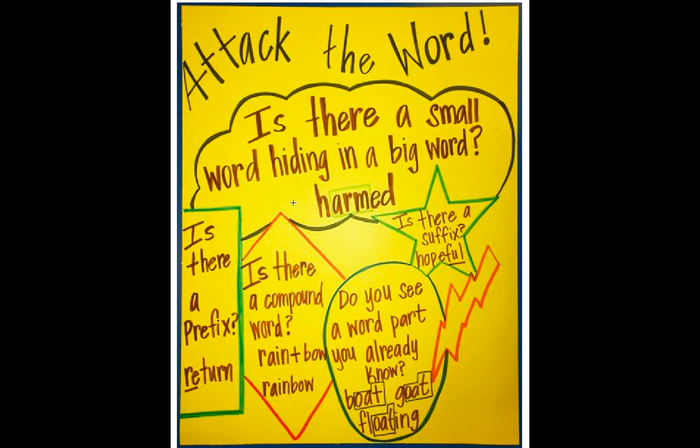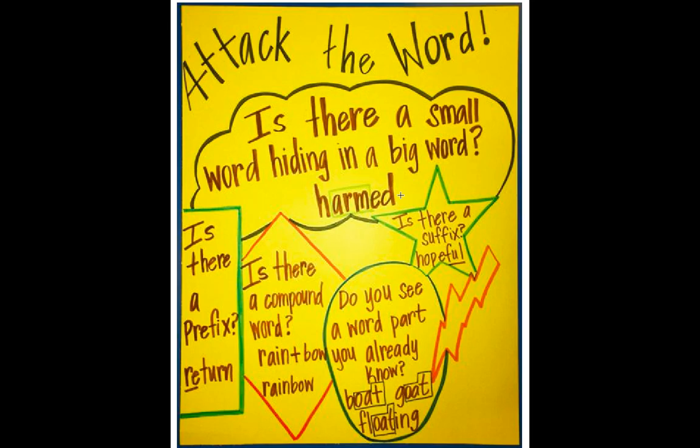Okay. So the first thing when you're given a word, you want to ask yourself basically, is there a word that's hiding within a really long word? You know, those times you've been reading a sentence and you are like, oh my gosh, I have no idea what this word means. But maybe you're reading it and then you're like, oh, I kind of see something in there that I recognize, right?